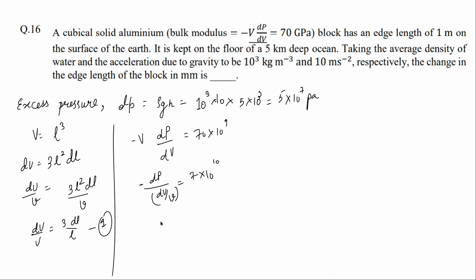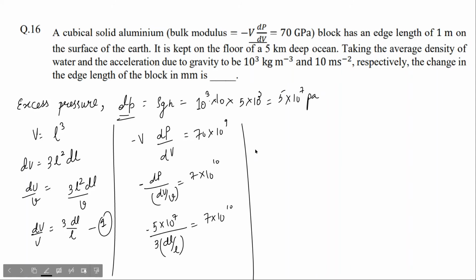Now if I write this value of dP, it would be 5 into 10 raised to the power 7 over dV by V, which is 3 dL by L, and that equals 7 into 10 raised to the power 10.